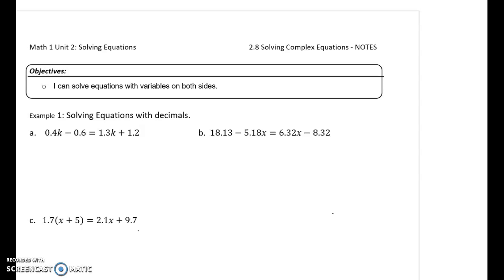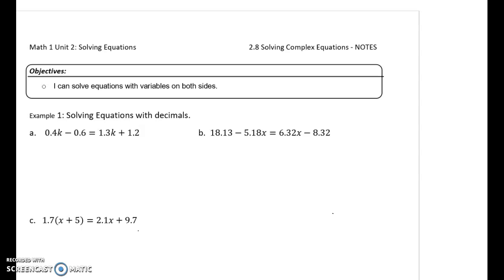Okay, so we're going to start into the 2.8 notes for solving complex equations. The first set of equations we're going to cover are the ones that have decimals in them. And just like equations with fractions, we want to try to clear them out as early as possible. The way you want to clear them out, again, just like fractions, is to multiply.